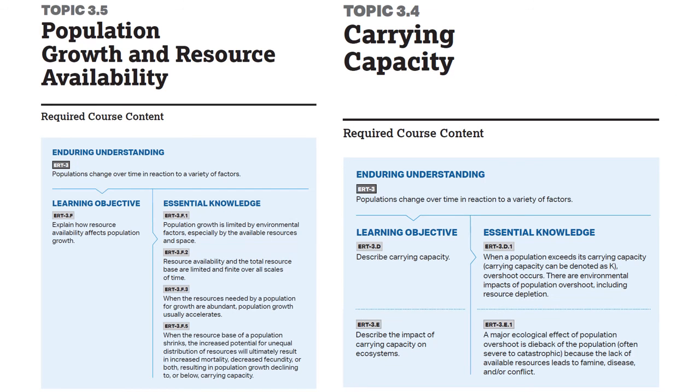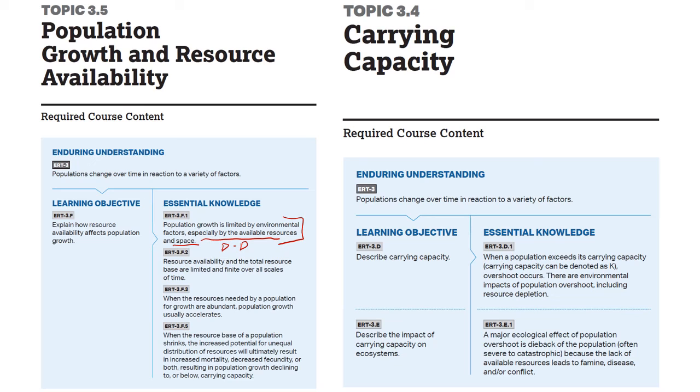Okay, so going back to the essential knowledge for these two topics, population growth is limited by environmental factors. Those are density dependent and density independent limiting factors. They say especially resources and space. That's density dependent. Resource availability and the total resource base are limited and finite over all scales of time. There are only so many resources on the planet, no matter what organism you're looking at.